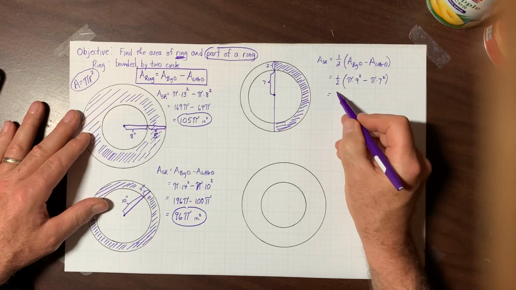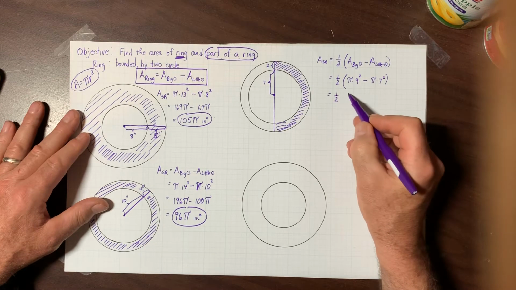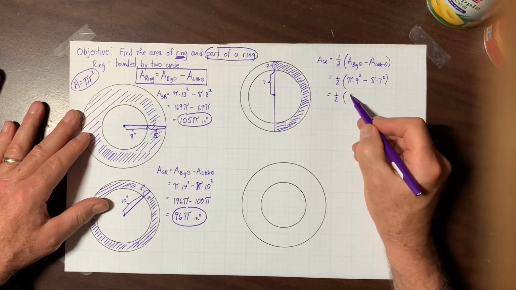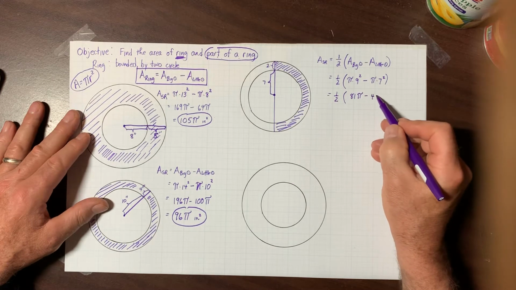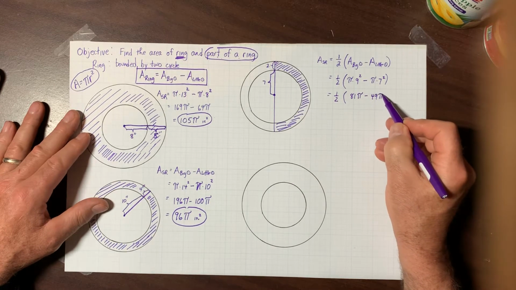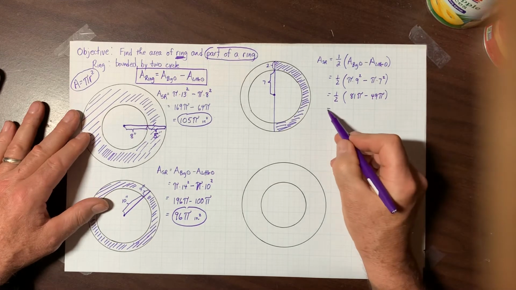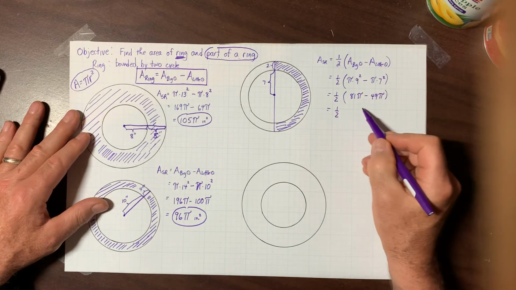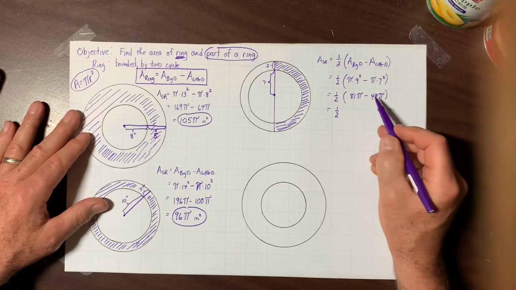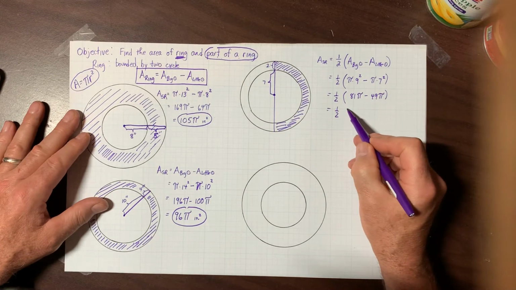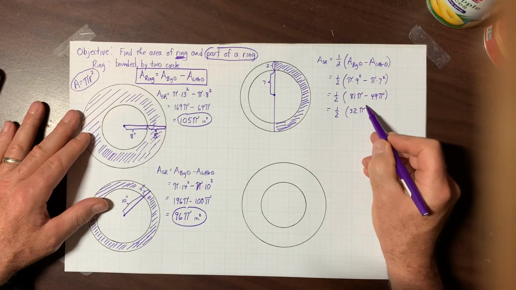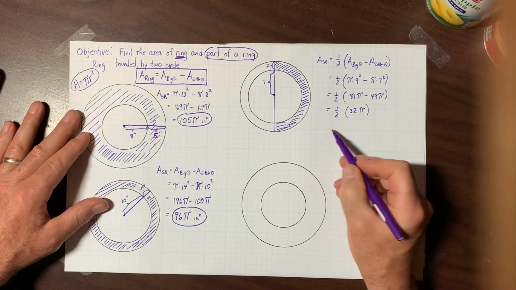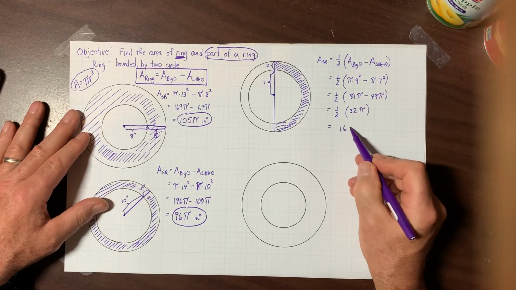So that gives me 1/2, and I'm going to have 81 pi minus 49 pi. And that would be 1/2. Let's see, 81 minus 49 would be 32 pi. And half of 32 pi would be 16 pi.